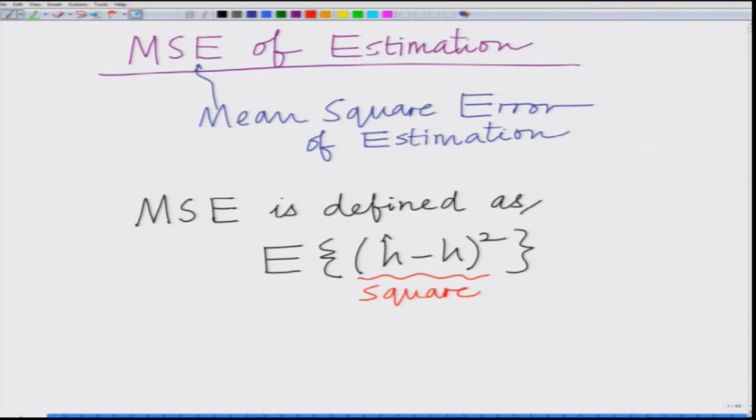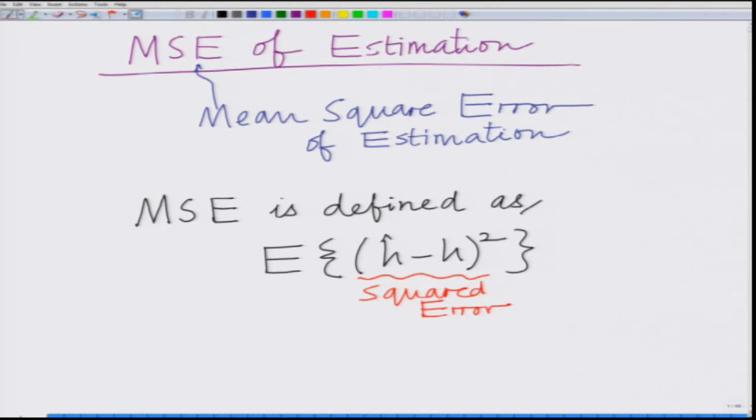This is naturally the squared error, where h hat is the estimate and h is the underlying true parameter. So we are looking at the error h hat minus h, the squared error, and then taking the expected value, the expectation operator, which gives us the average value of the squared error, which is nothing but the mean squared error.